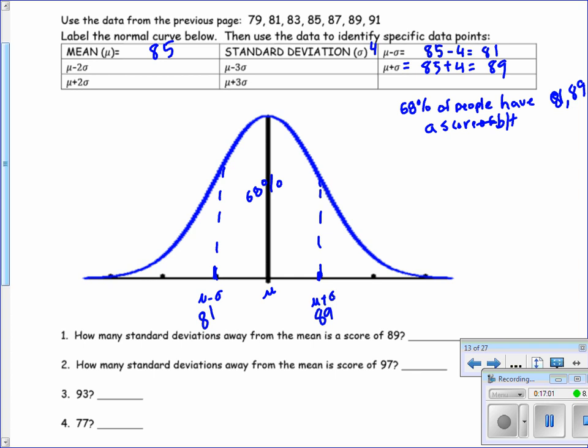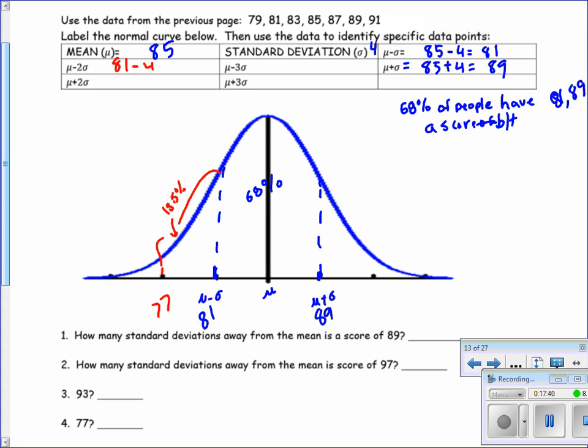Okay? Now, here, this little bar here, 13.5%. So from here to here, 13.5% of people have a score between, what's 81 minus 4? Well, that's 77. So 13.5% have a score between 77 and 81.